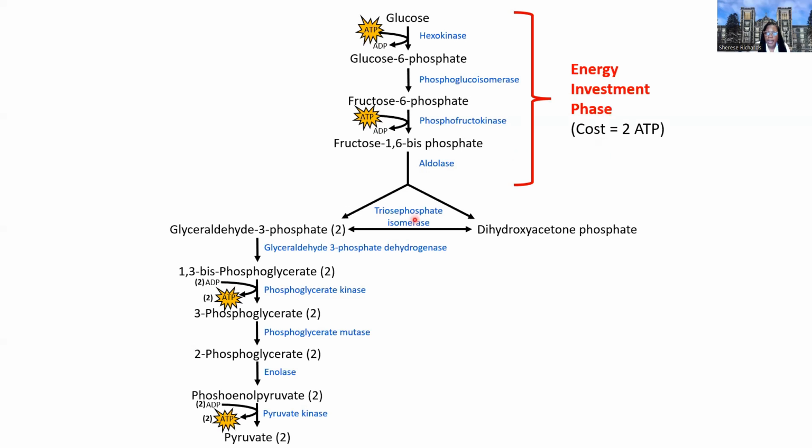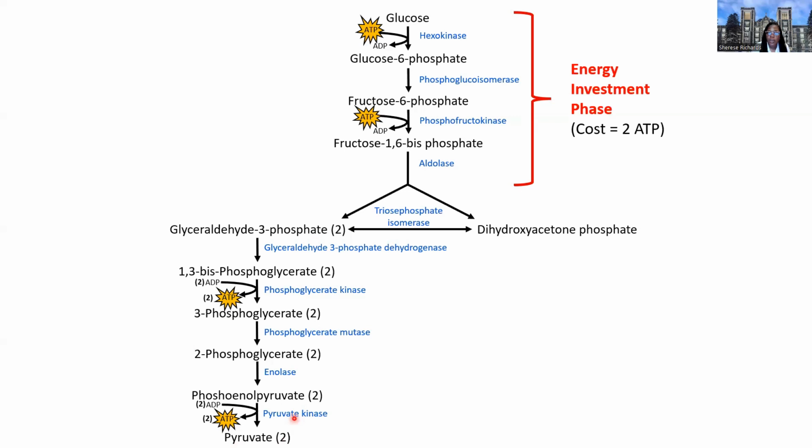At the end of that, we're going to end up having G3P, and we're going to yield 2 G3P. So at this stage of the reaction, we're going to now have two products per substrate.